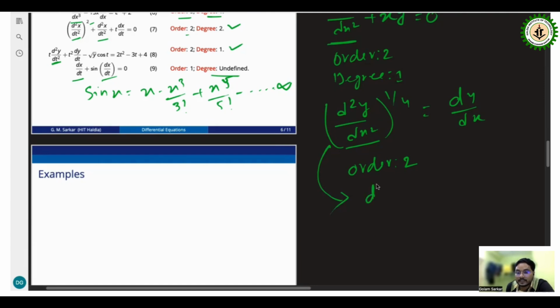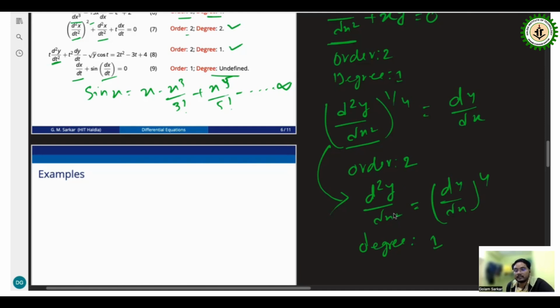We can express this equation in the form d2y dx square equals dy dx to the power 4. Okay. So the order is 2 and degree will be 1 here because the highest derivative term has the power 1.